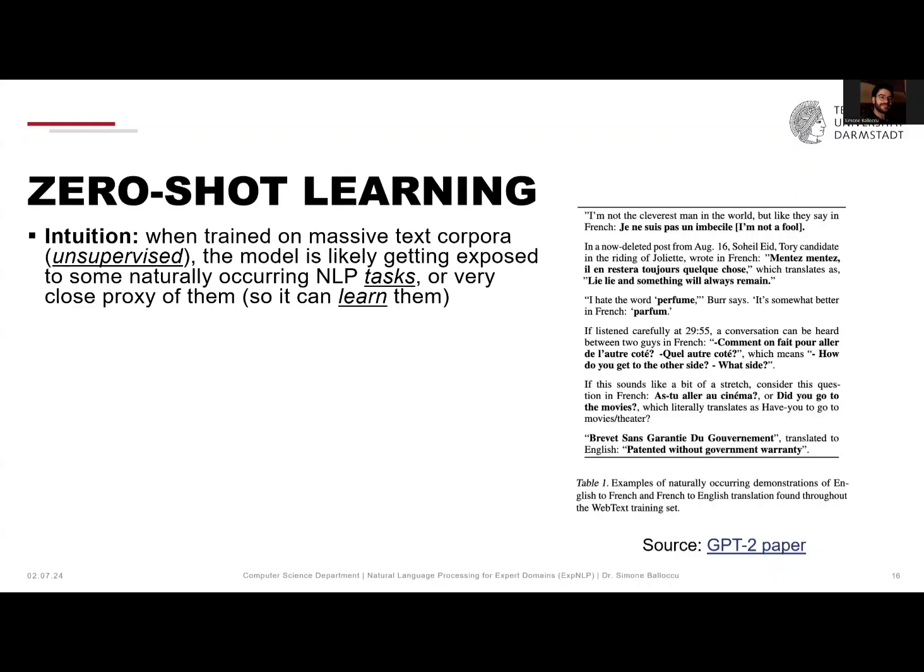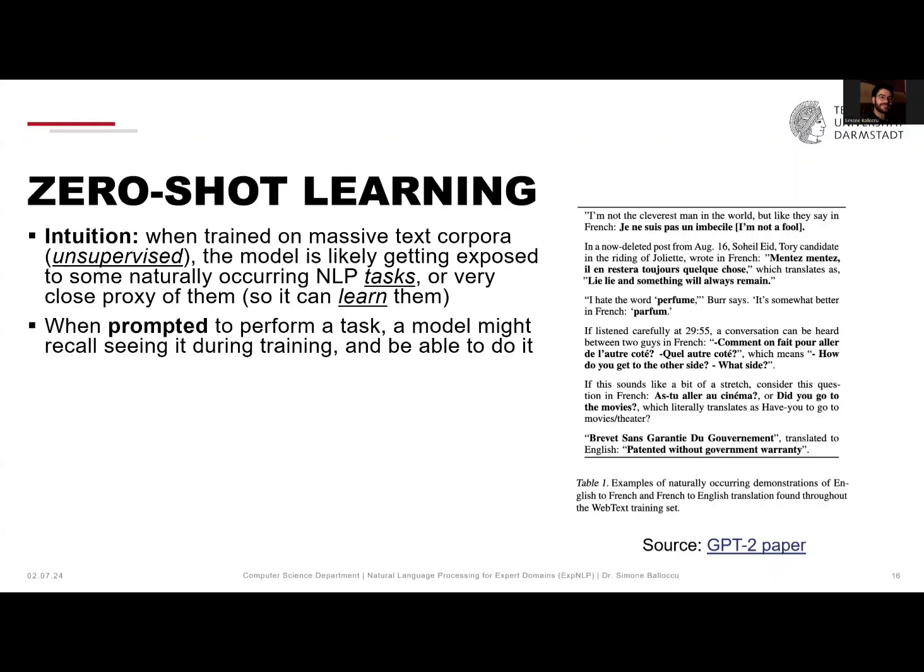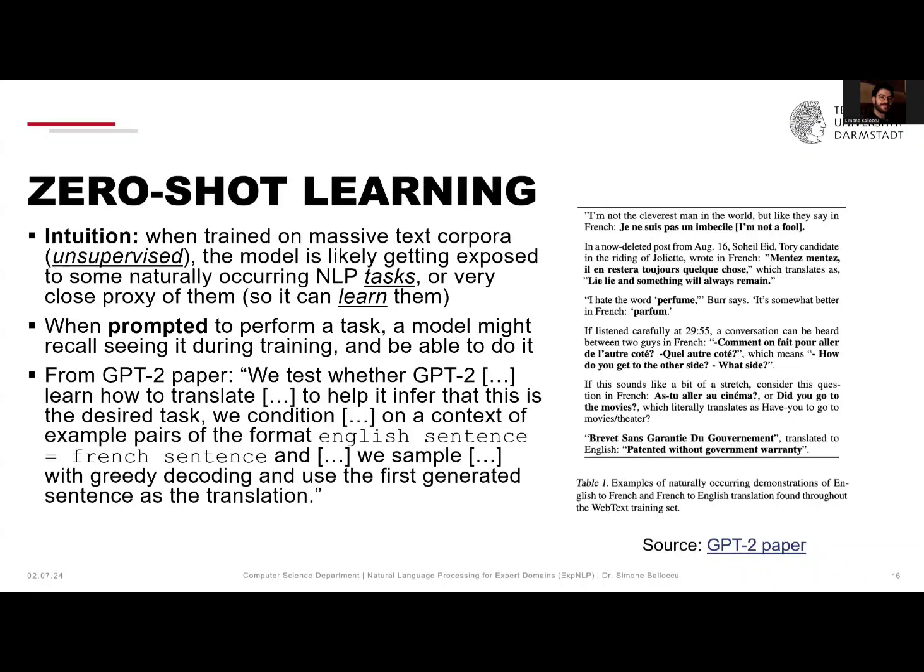English and French, French and English, and so on. So when we prompt the model to perform a task, it may recall seeing these examples during training and actually be able to do it. This actually happens. In the GPT-2 paper, they say: we test if GPT-2 learned how to translate. To help it infer that this is the desired task, we condition it on a context of example pairs, for example an English sentence and a French sentence, and then we sample with greedy decoding and use the first generated sentence as the translation.